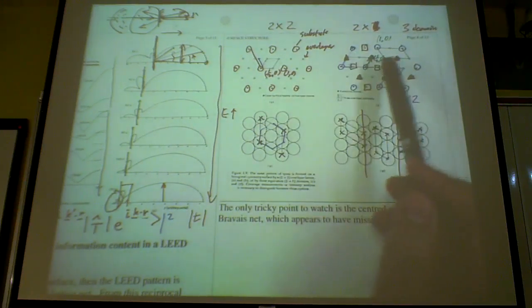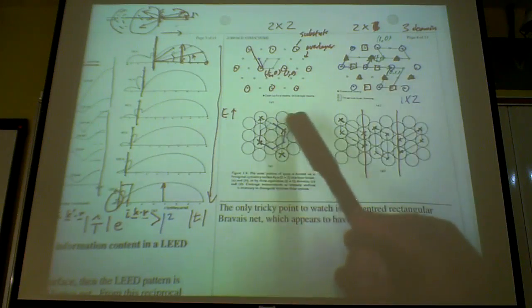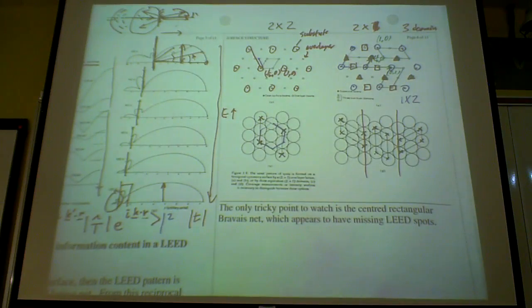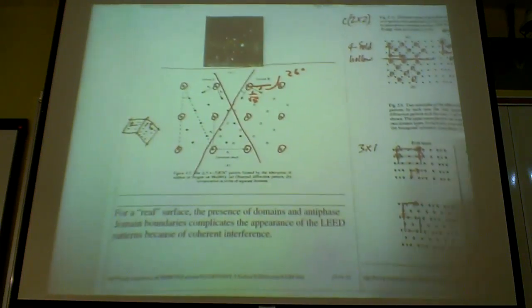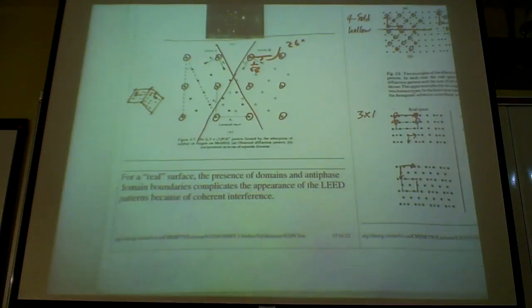So you cannot tell this one from this one, and correspondingly you cannot tell the real space pattern that you should get to generate the reciprocal space one that you see. Okay, so there's an ambiguity associated with this. And I said down here, I'll ignore this, that this is due to the presence of domain and anti-phase domain boundary, a complicated thing.